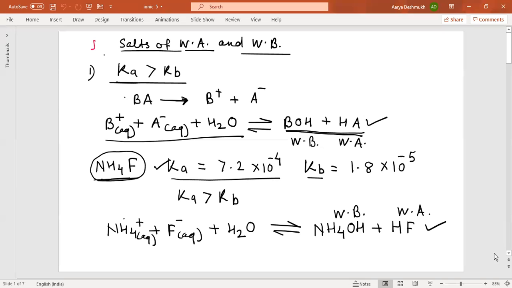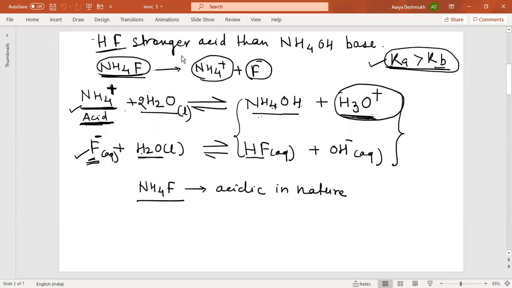Now further, we can proceed. We'll go to the next slide. Here HF is a stronger acid than NH4OH, which is a base. Now this NH4F will dissociate this way. NH4 plus plus H2O will give you NH4OH. I am writing the reaction separately for each of these ions. NH4 plus reacts with the water molecule to give NH4OH plus protonium ion.